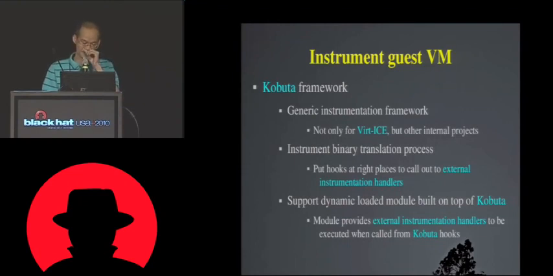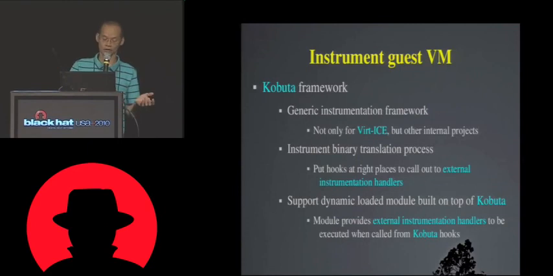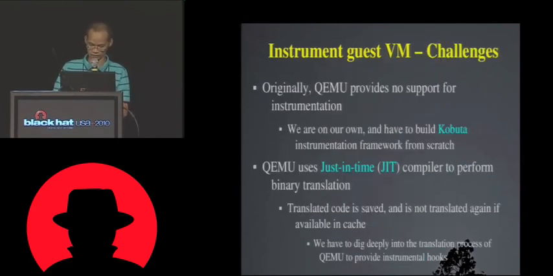Kubota does that by putting hooks at the right places inside the binary translation process, and those hooks will call out to an external instrumentation handler. The Kubota framework also supports dynamically loaded modules built on top of it. Those modules provide the external handlers, which will be executed when we hit the Kubota hook in the instrumentation layer.